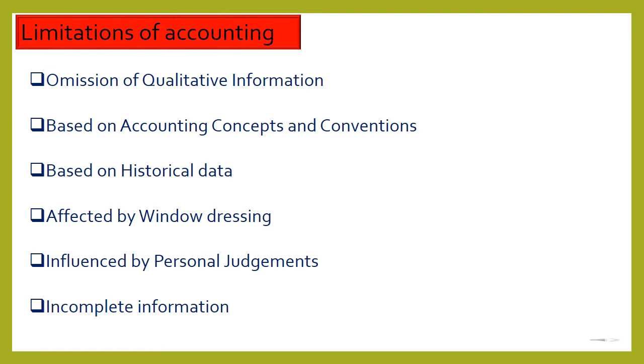First one is the omission of qualitative information. For accounting purpose, we will take only the transactions which are measurable in terms of money or the monetary transactions. Suppose we have a very good employee in the business, but we cannot account or record that. So that is the omission of qualitative information.